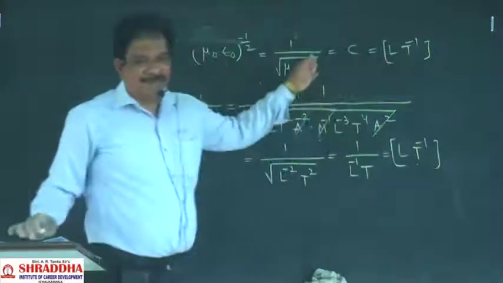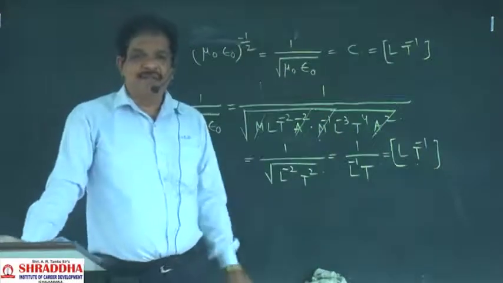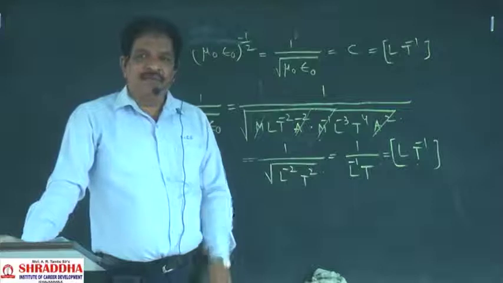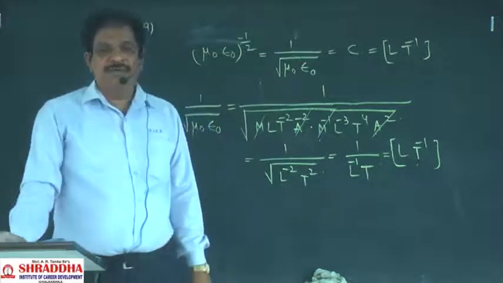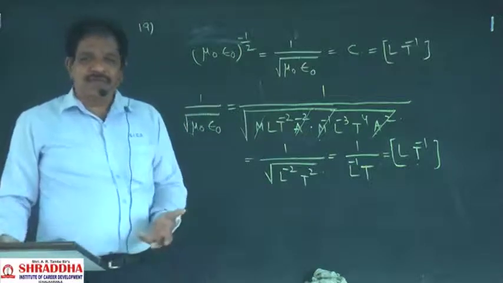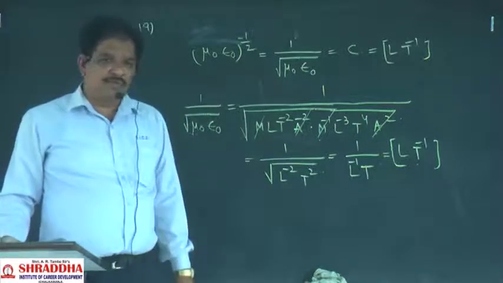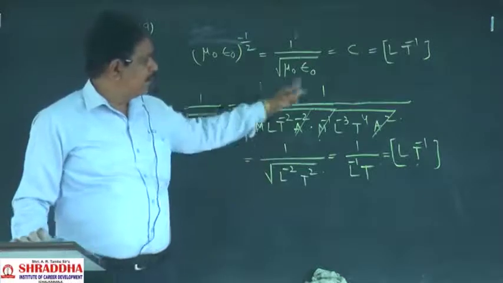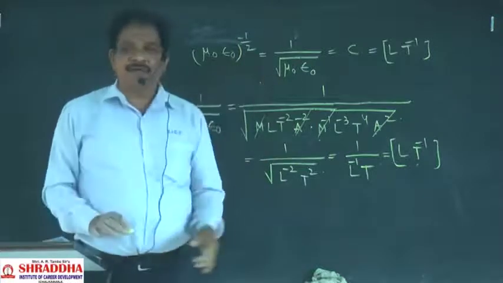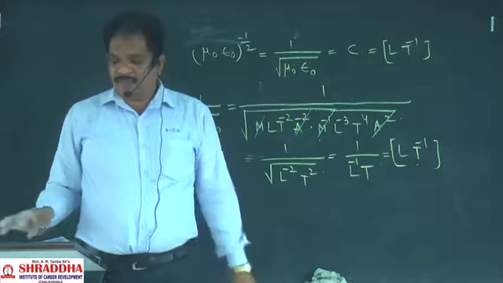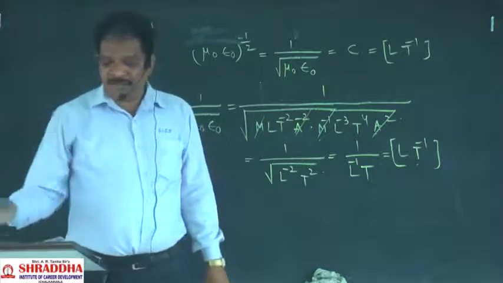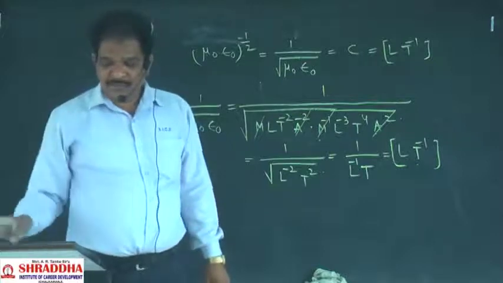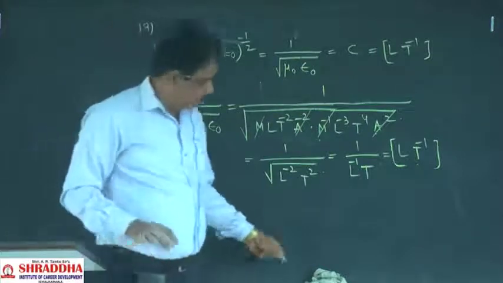Same we will get. Actually that is a formula. C is equal to 1 by root mu naught epsilon naught is the formula to calculate the velocity of light in vacuum. So the dimension formula of mu naught epsilon naught power minus 1 by 2 will be L T power minus 1.